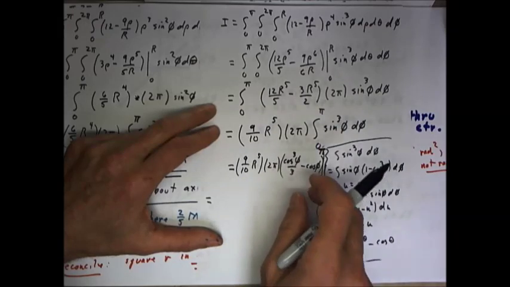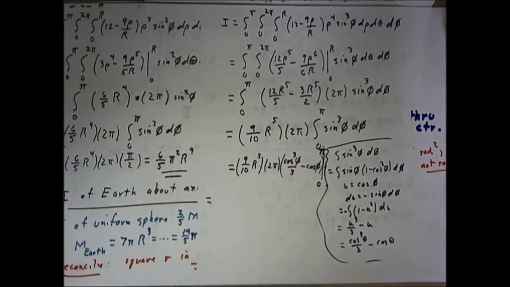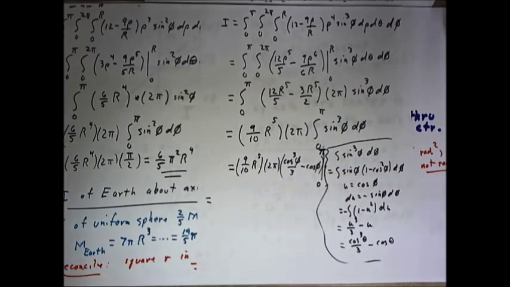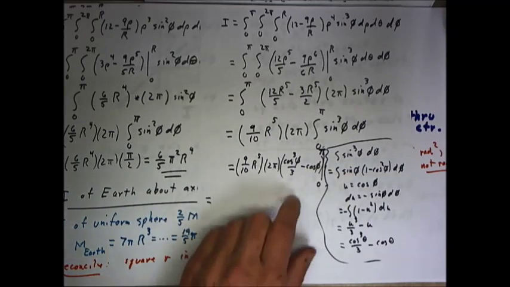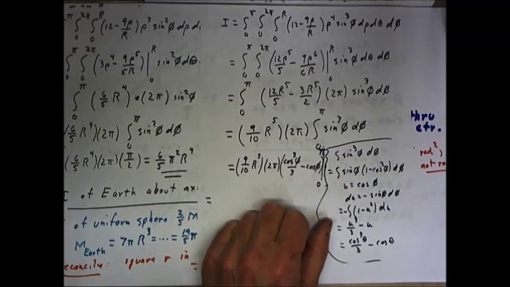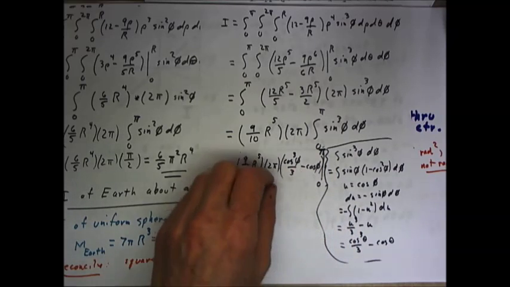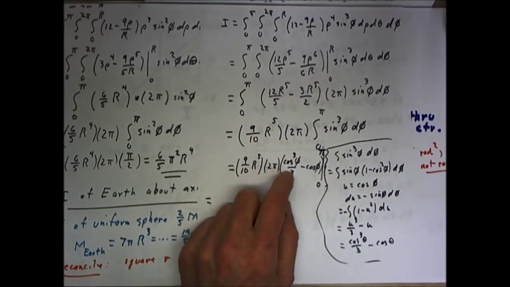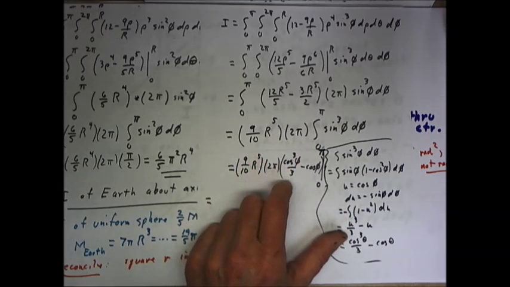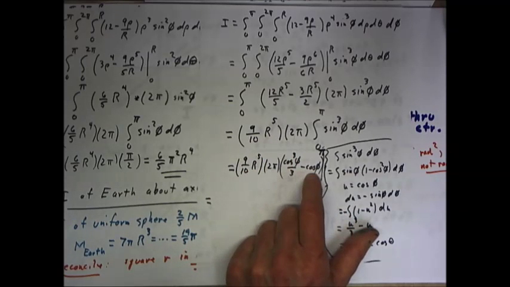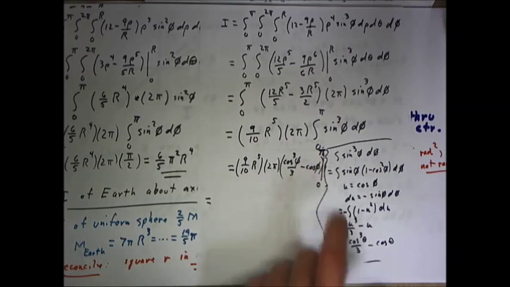We just substitute 0 and pi. I'm not going to take the time to write this out. When the angle equals pi, the cosine of pi is negative 1. The cube of negative 1 is negative 1, so we're going to have negative 1/3 minus negative 1, which is going to give us positive 2/3.